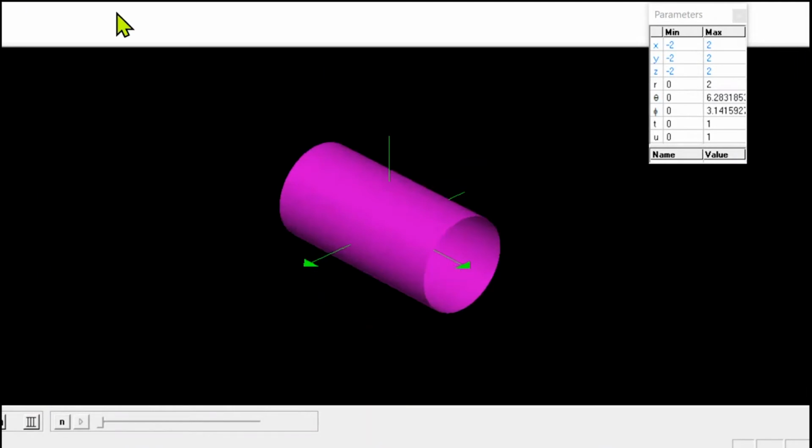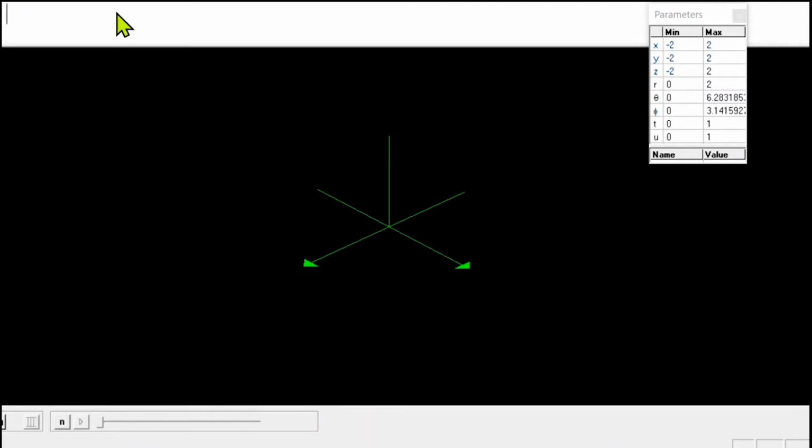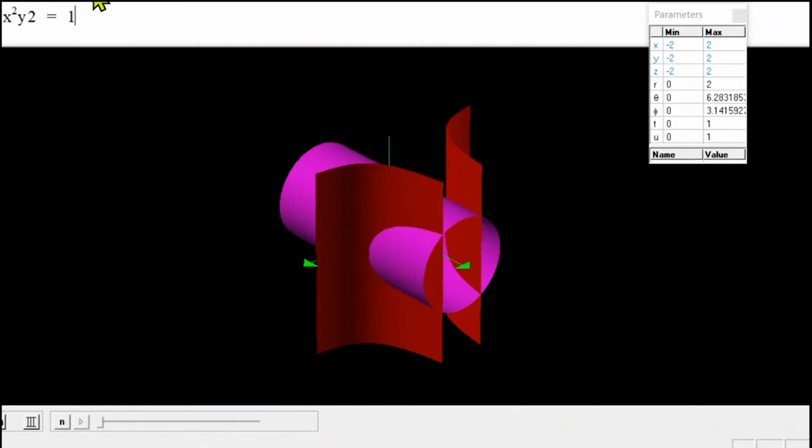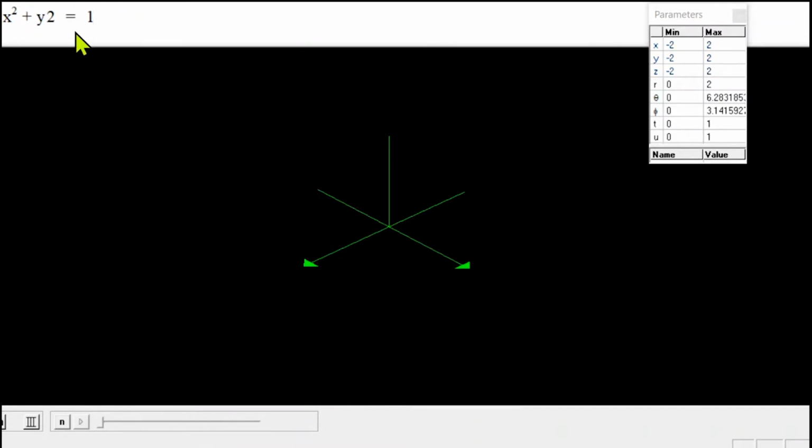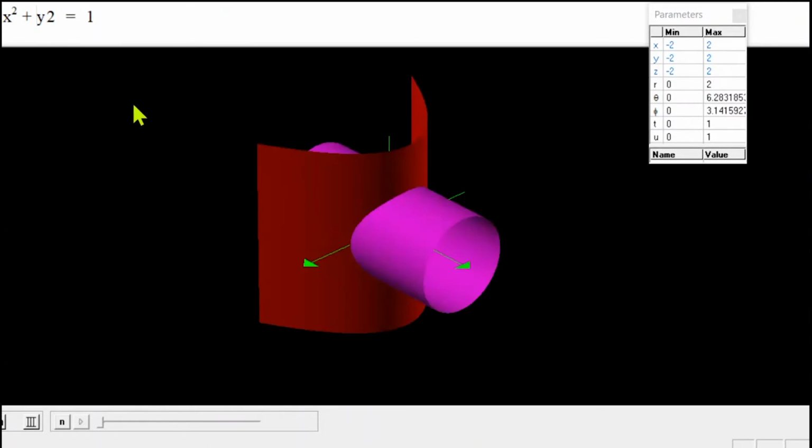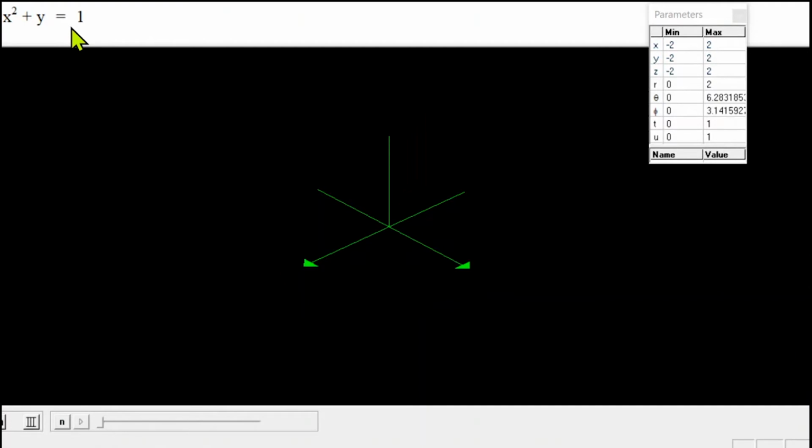And then I'm going to put a vertical cylinder, which is x squared plus y squared is equal to 1. I forgot the plus sign there. There. What am I doing? I'm going to type. Okay.